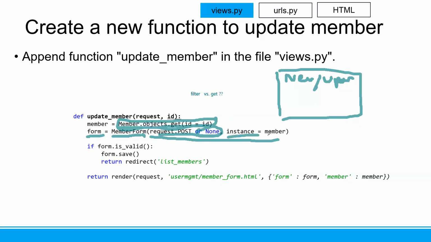And if I'm using this member, let the instance of this form equal the member. The member here is from the query. So I input all the information of the members into the member form.